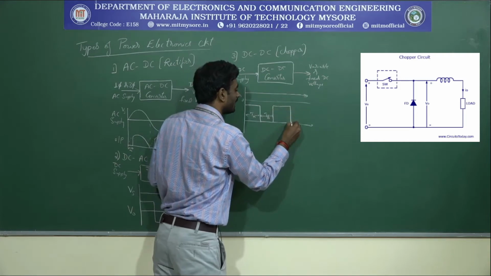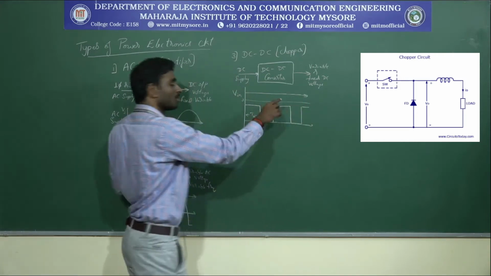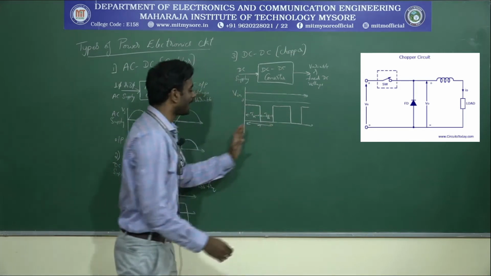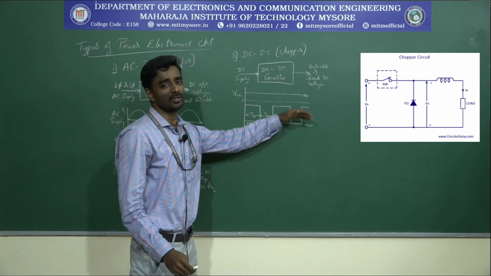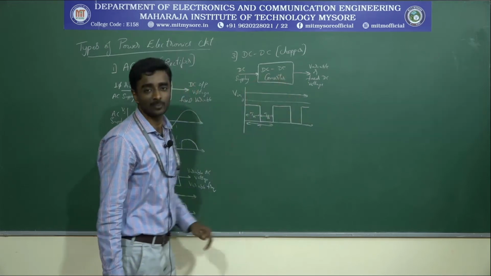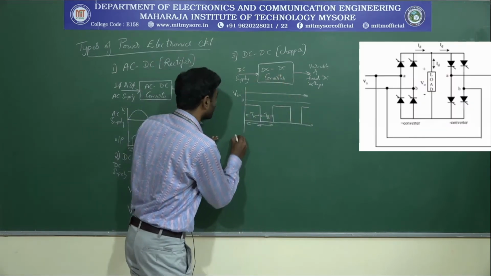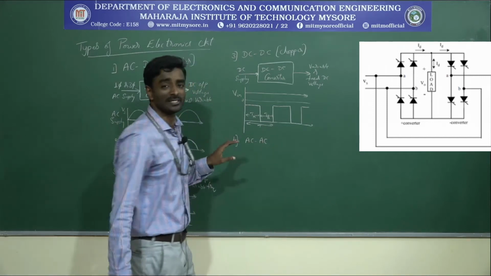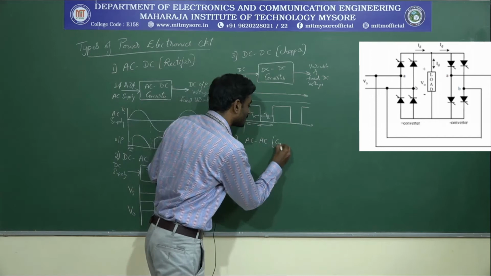So these cycles will be repeated for n number of cycles. This will be the one total time period, and this time period will be repeated into n number of cycles based on the input given here. And the fourth one will be the AC to AC, where AC to AC will be called a cycloconverter.